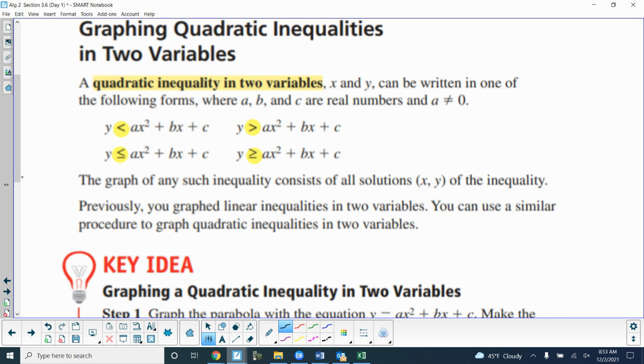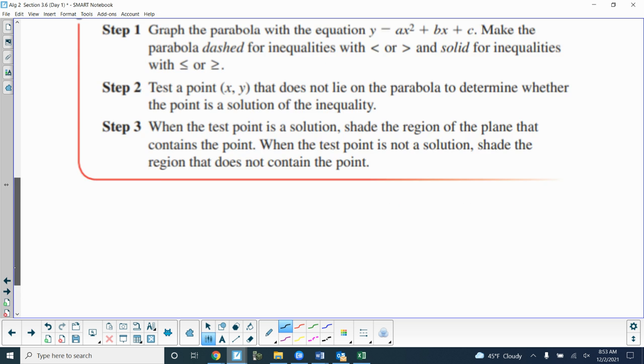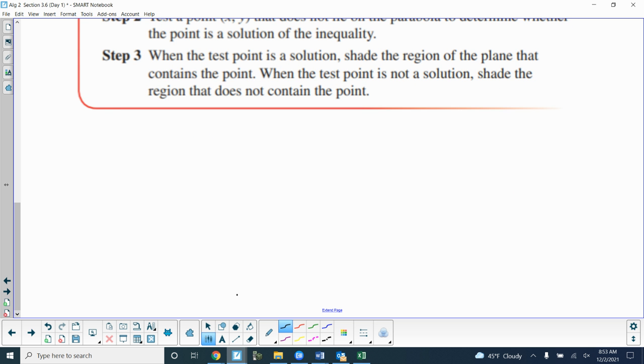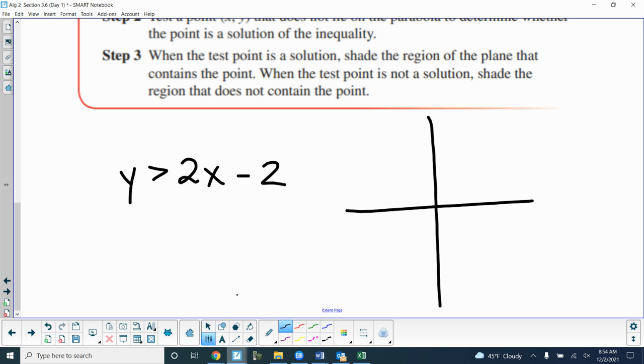So, quick review, a linear inequality. Let's make one up. How about y is greater than 2x minus 2? How do I graph that line? What's my y-intercept? Negative 2. What's my slope? 2 over 1, right? So I go up 2 and over 1. You guys remember how to graph a line, right?